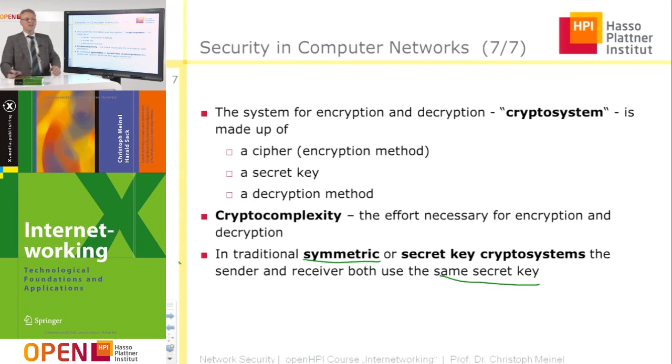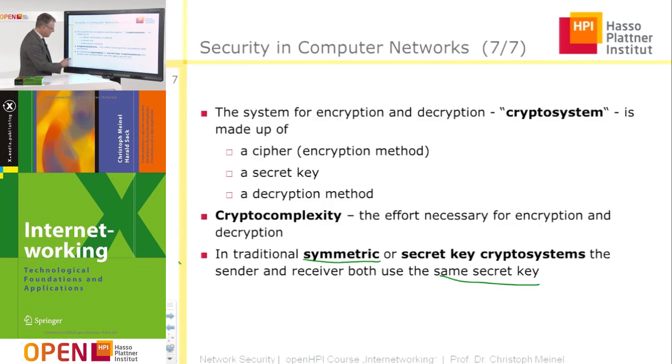To use such a system, it is important that both have access to the same secret key, otherwise the receiver cannot decrypt the information. Of course, this is difficult if people want to communicate over the internet and do not know each other, do not meet each other, and one is sitting on the other side of the world. Then they have to find a way to exchange this secret key.